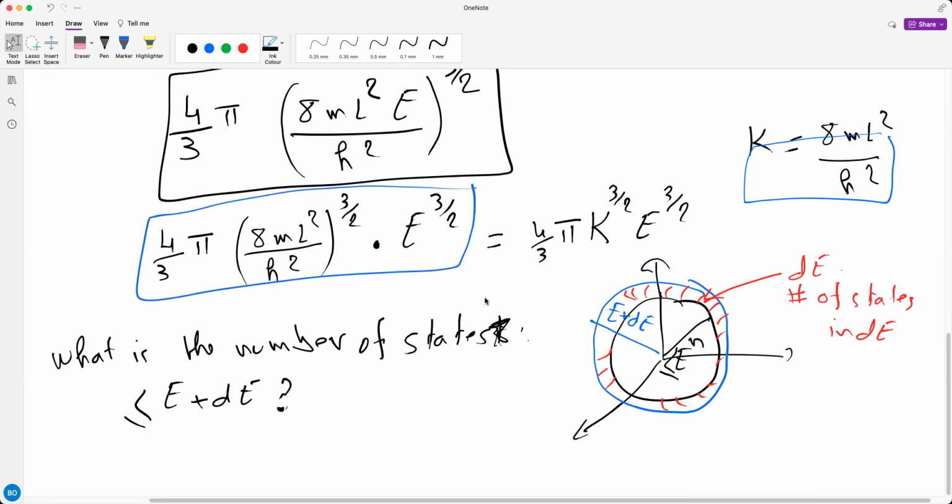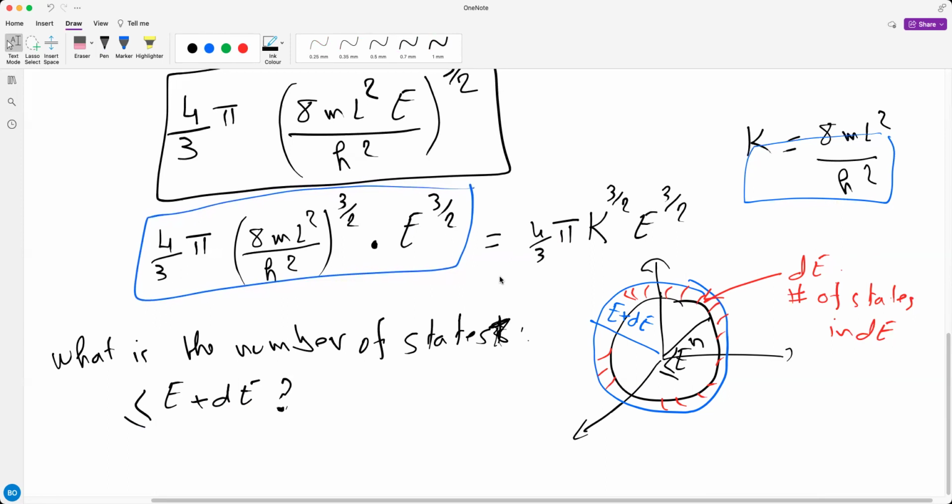So what I can do is the following. I know that for any energy, the number of states below that energy is this. I can just use the same formula. So it's 4/3 pi k and then E plus dE to the power of 3/2.